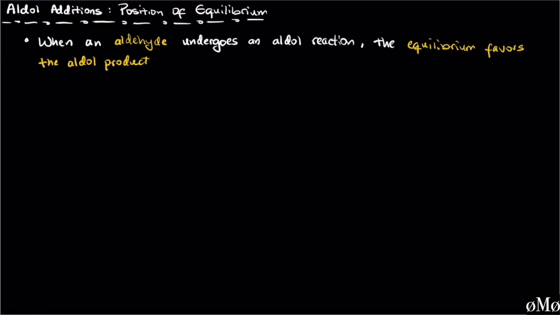Let's focus on this aldol addition reaction and think about equilibria. When you're dealing with an aldehyde specifically, just like what we talked about, that undergoes an aldol reaction, the equilibrium favors the aldol addition product, the formation of that beta-hydroxy aldehyde.